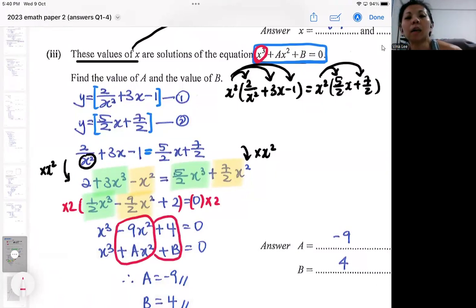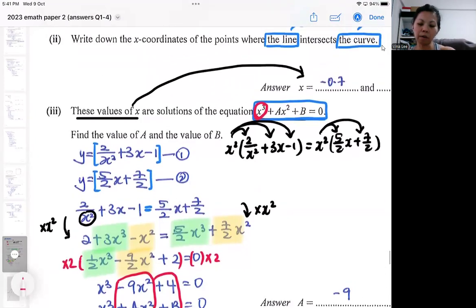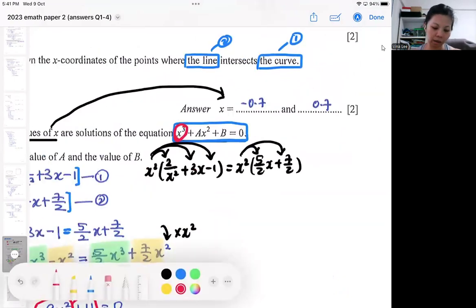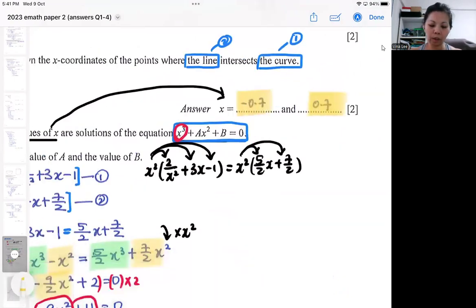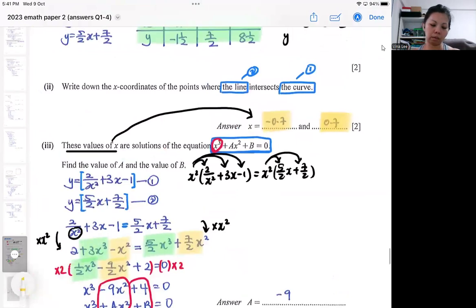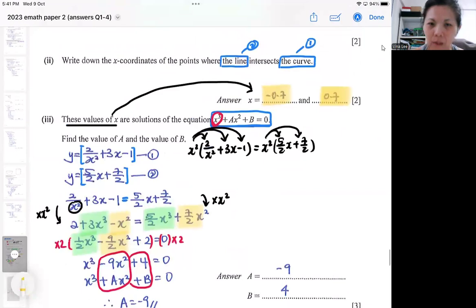So the solutions to the equation come from the simultaneous. You do not need to put the answer back. So some of you end up getting your answer here and you return it back to the equation or something. Then you find the whole thing gets very messy. No need. Your job is to understand that the solution comes from intersection.